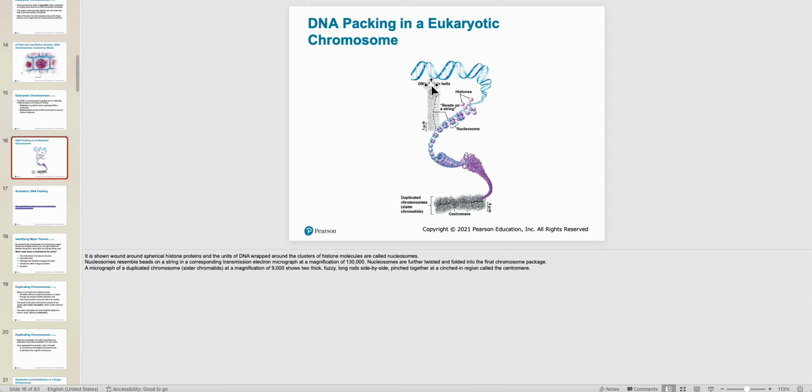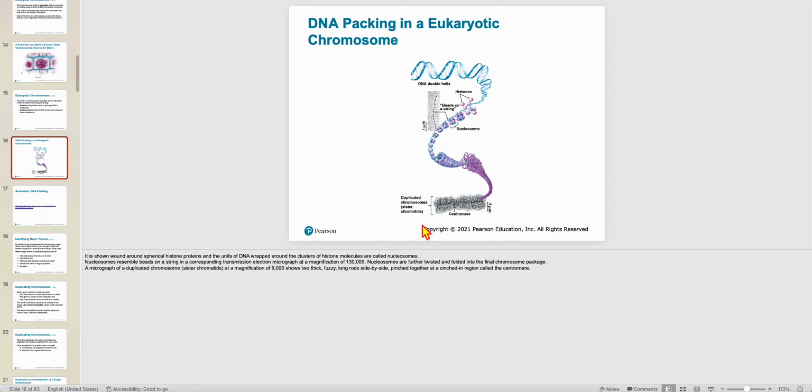And again, a sequence of DNA is called a gene. And here we have chromatin, because all of this is now being tightly wrapped and coiled around histone proteins. And as it keeps coiling and coiling, it turns into a chromosome.